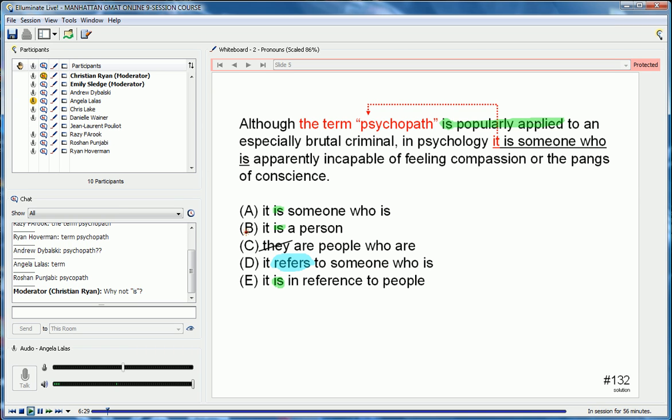I chose D because I thought the verb refers was parallel with the verb applied, and if we go with it is, then it could refer to other nouns in the first phrase. It could refer to the term or the criminal. So I think that's why I chose D.